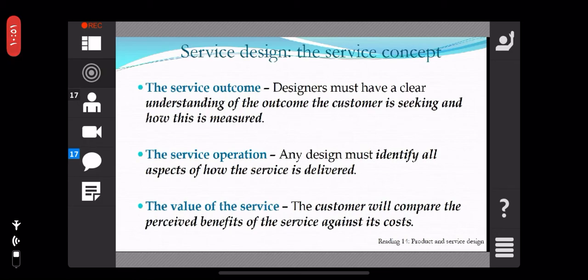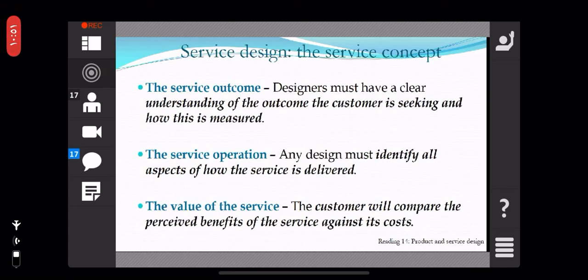The value of the services, the importance of the service. The value of the service means the importance of the service. The customers will compare the perceived benefits of the service against its cost. This is the value: how important this product or service is for you as a customer.